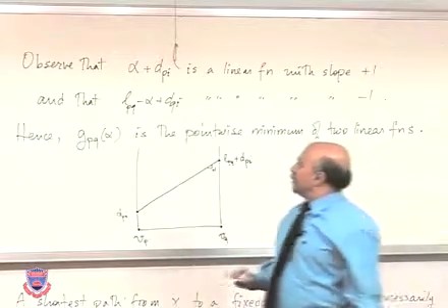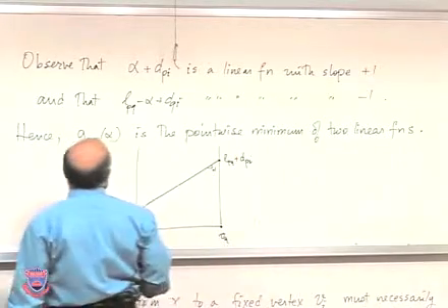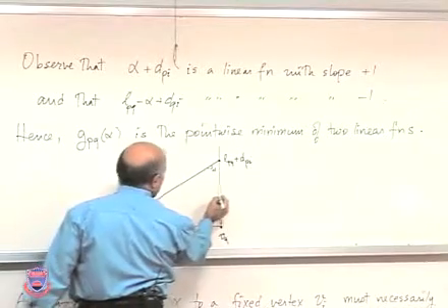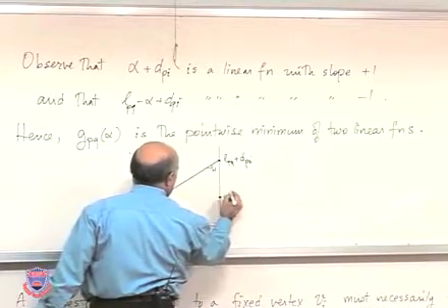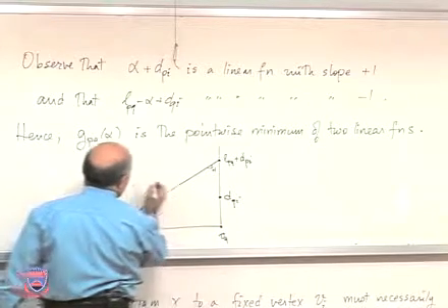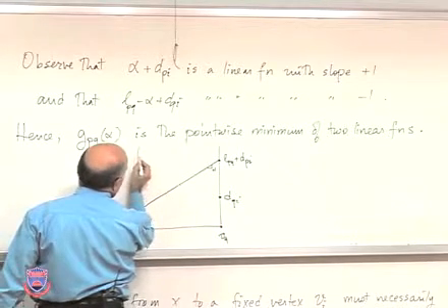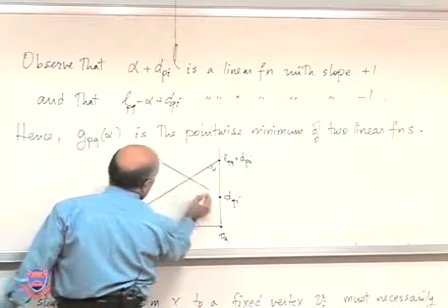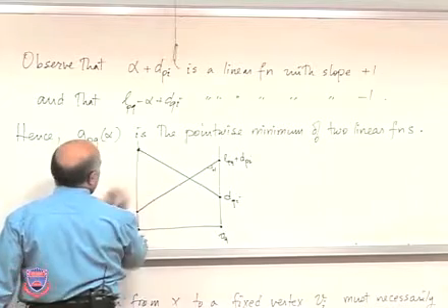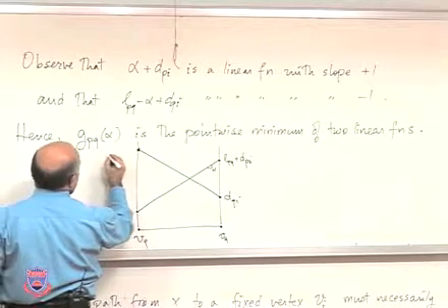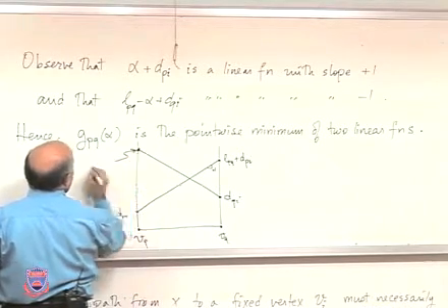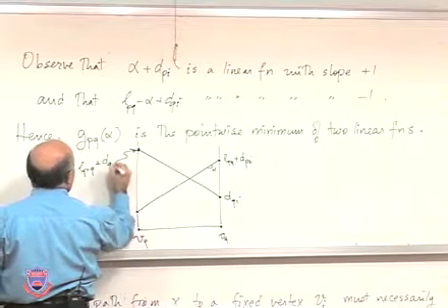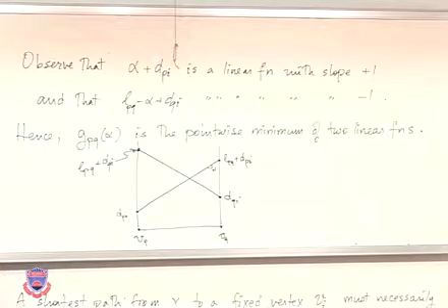The other one begins at this value and ends at what value? At dqi. It ends somewhere here, dqi. And the initial value is how much? It's going to be lpq plus dqi.